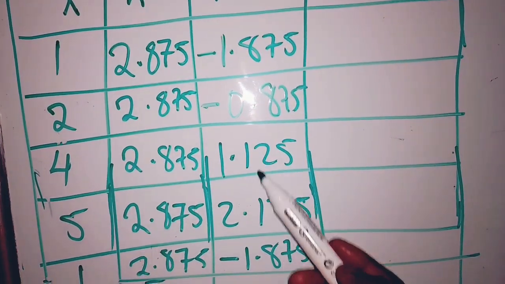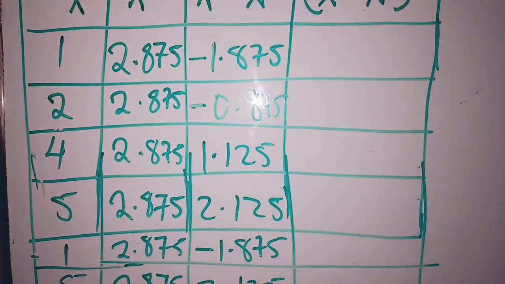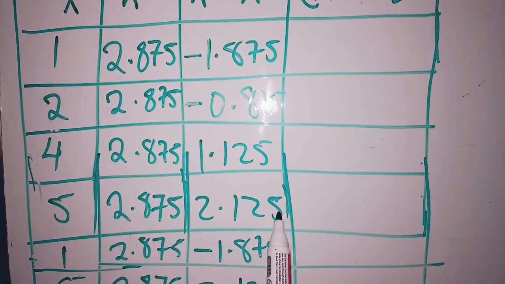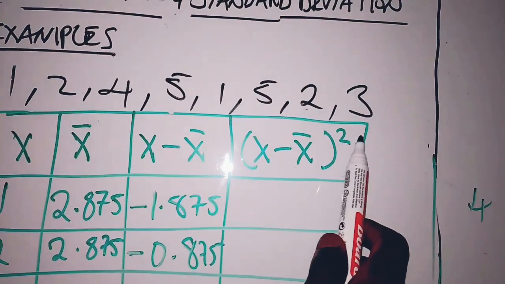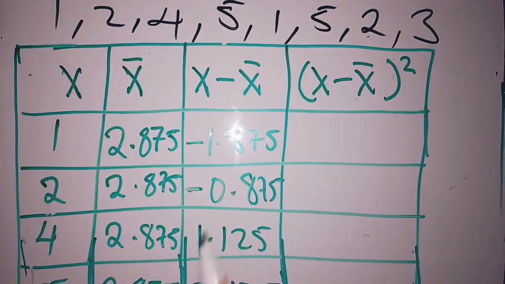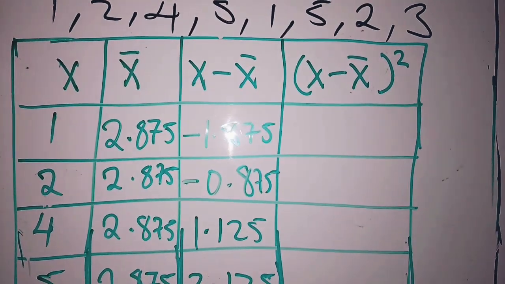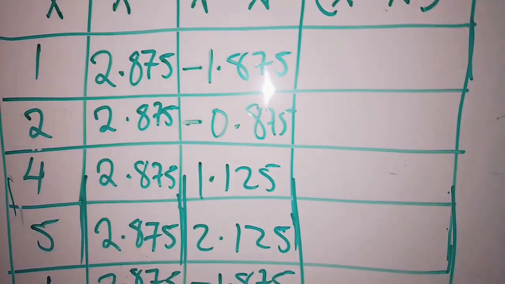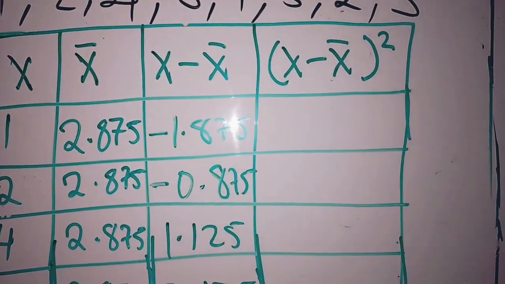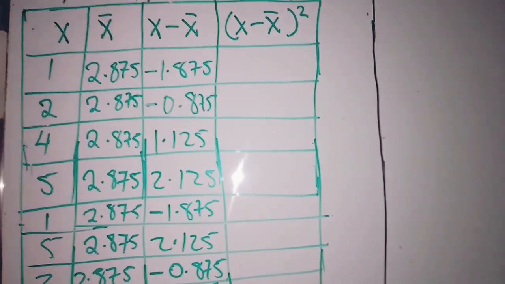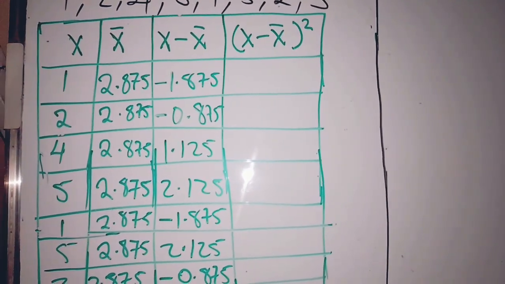Same applies to this, and that, everything. For example 2.125 times 2.125, that's what this means. So let's calculate. Try to fill up the table.